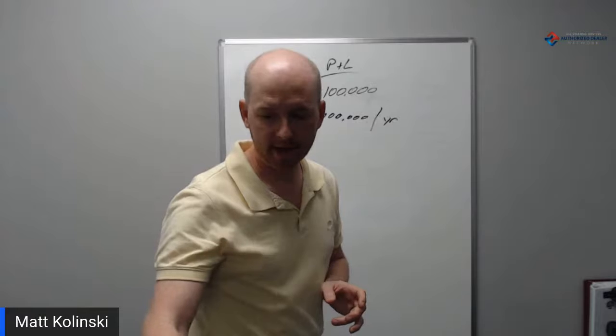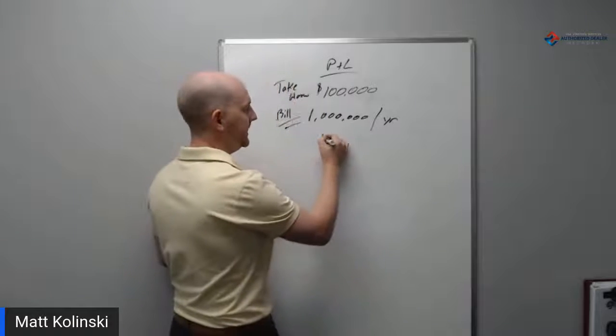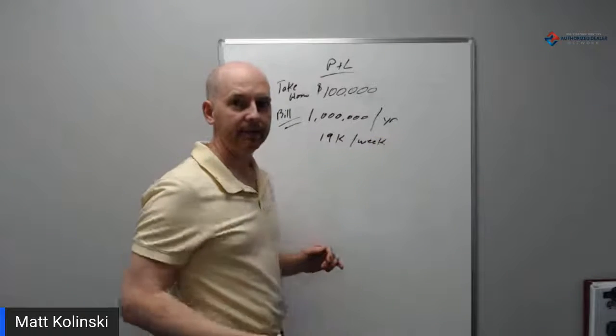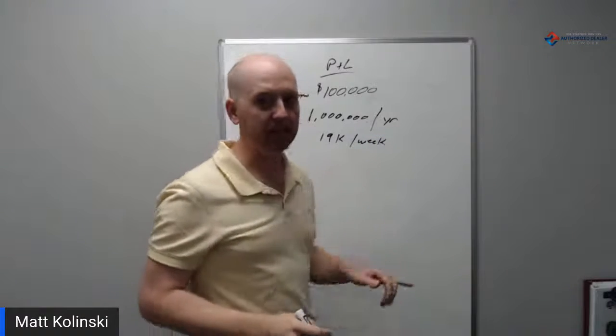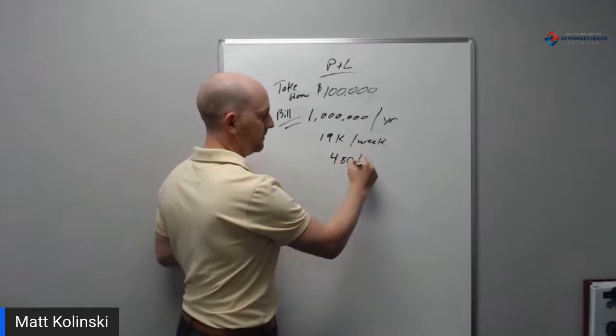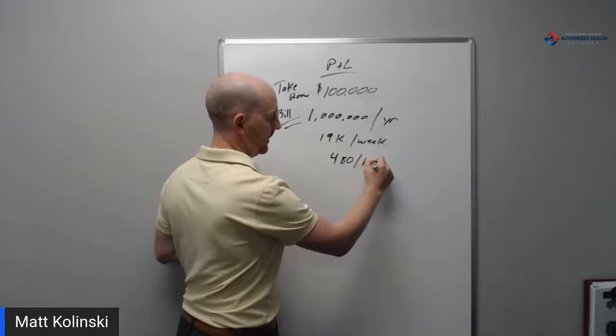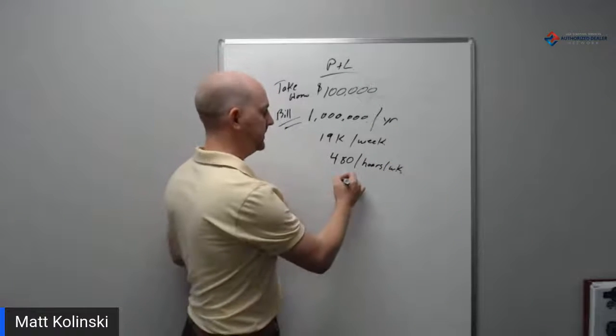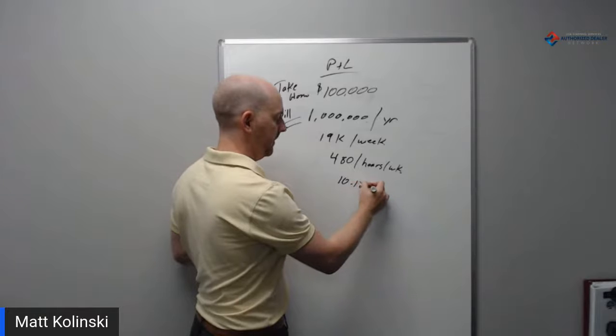I did the math here a little bit. It's about 19,000 per week in billing. When you do 19,000 per week in billing, that comes out to, on average, about 480 billable hours per week. And then if you take it one step further, that's about 10 to 12 people.